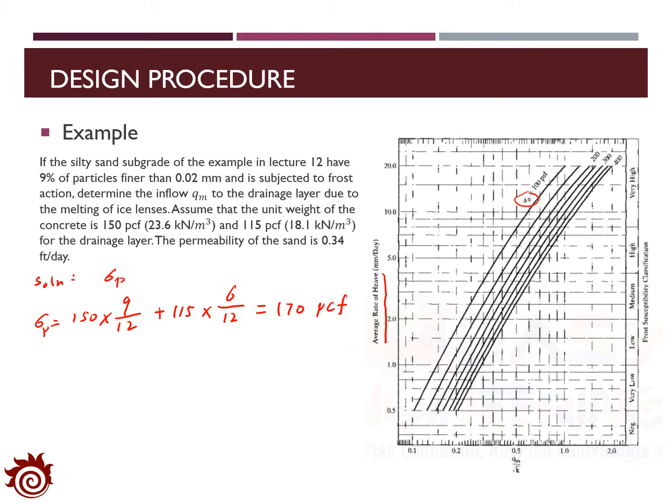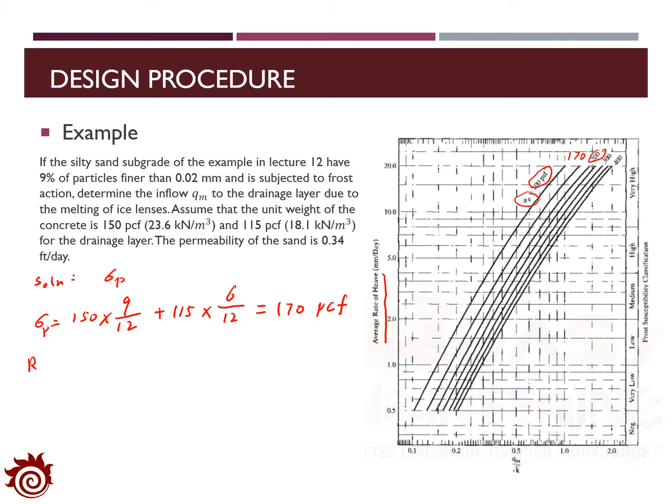So that's the consolidation pressure. So we will see a line between 100 PCF and 200 PCF, which would be the line here. It's 170.